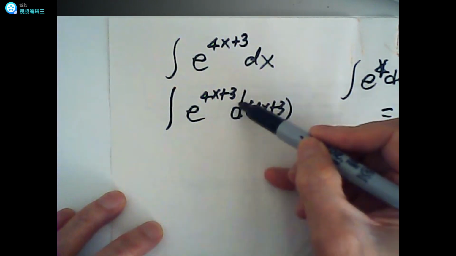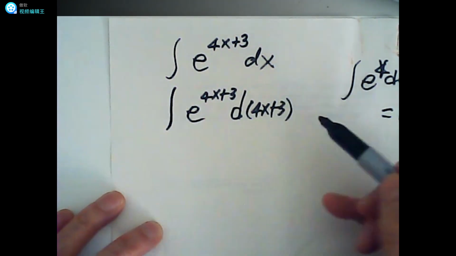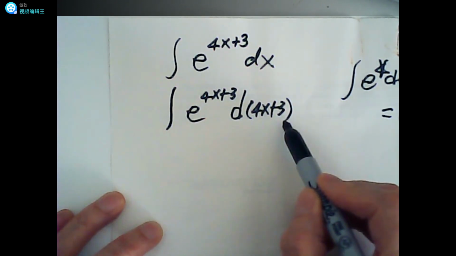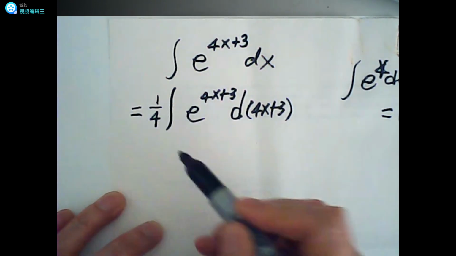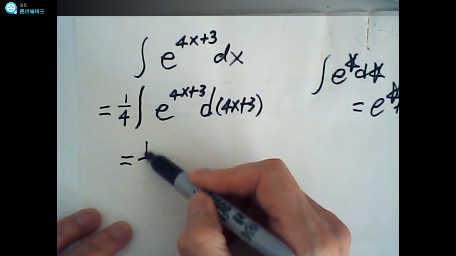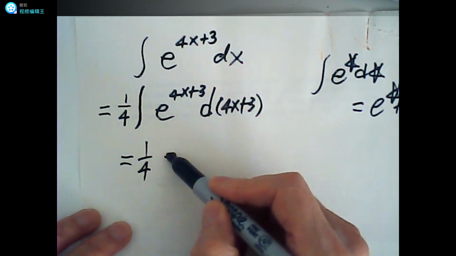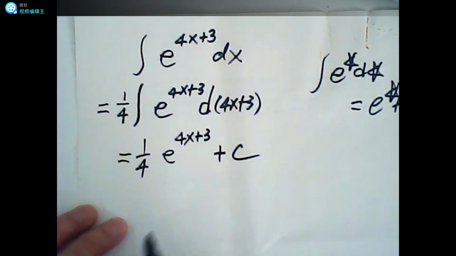So the equal sign has to be considered: we have a dx and a d(4x + 3). So d(4x + 3) is equal to 4 dx. This is a dx, so multiply by 1/4. See, that will be equal, so the equal sign is back. So this is equal to 1/4 e to the 4x + 3, plus c.